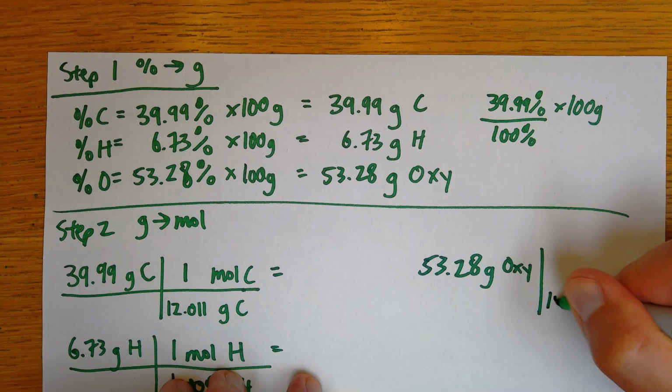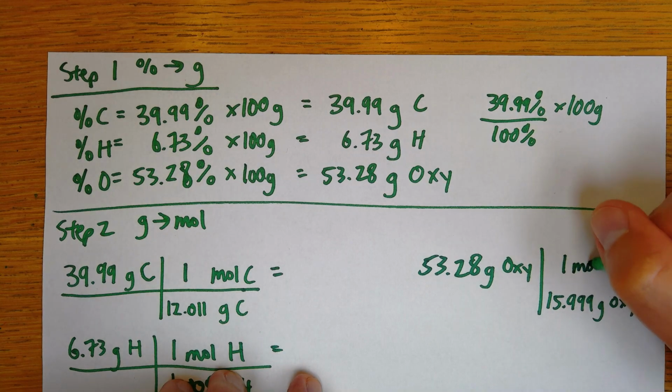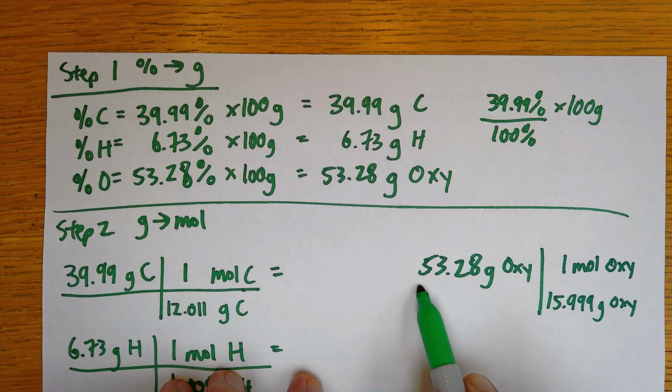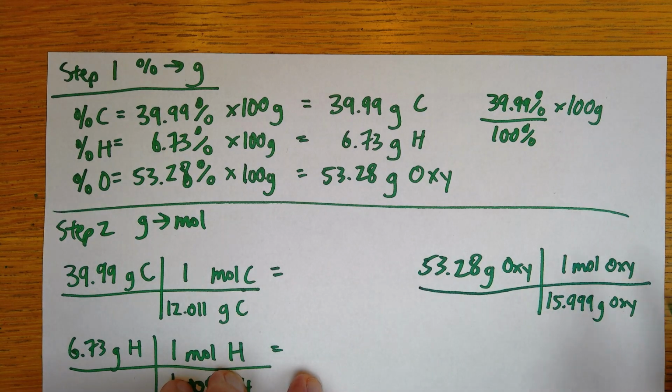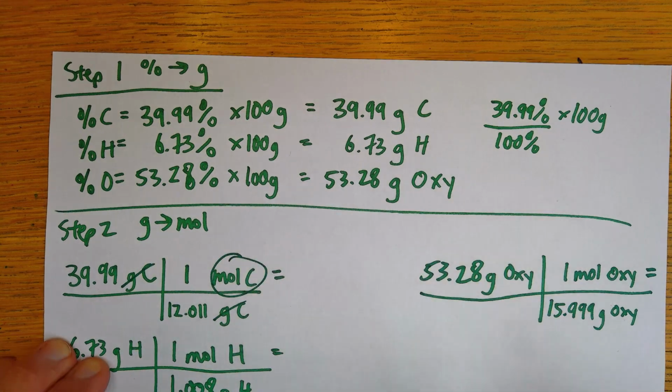Let's see, 15.999 grams. And those who haven't seen my previous videos, I like to write oxy instead of O, because O looks to me too easily like a 0. All right, those units will cancel, leaving us with moles.